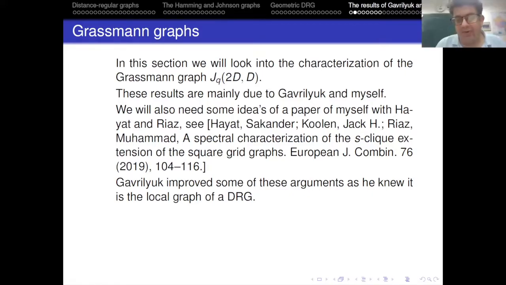Some of the arguments Gavrilyuk could simplify, because he knew our graph is the local graph and this the static graph. But essentially we use the same proof as for that paper.